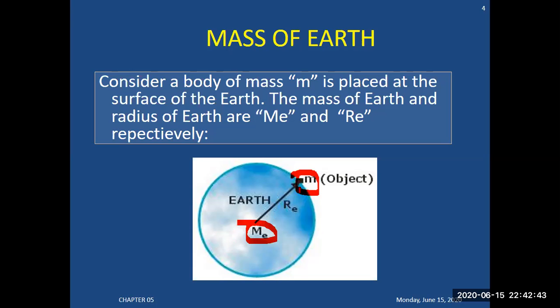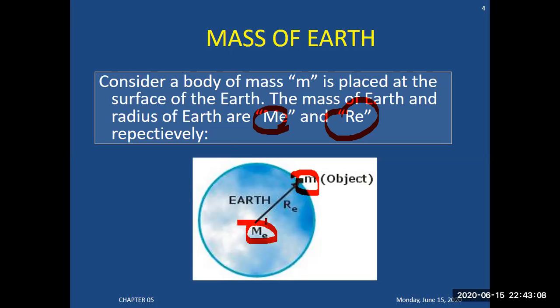So we apply Newton's law of gravitation. Consider a body of mass m placed at the surface of the Earth. The mass of the Earth and the radius of the Earth are ME and RE respectively, and they are separated by a distance RE.